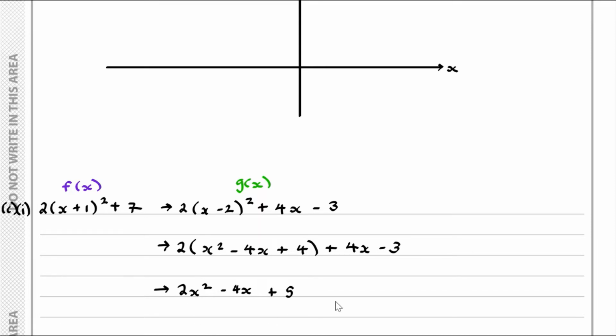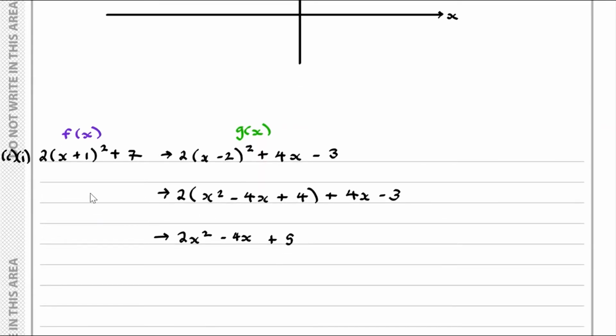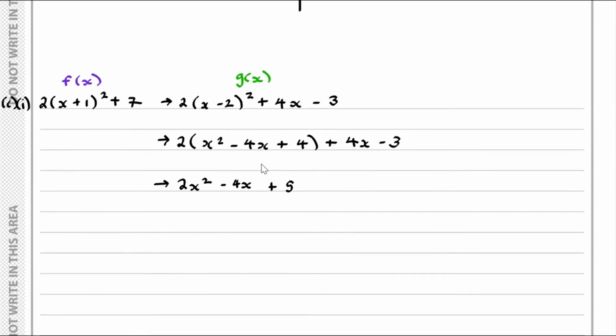Okay, so if we complete the square with this, we can compare f(x) with g(x). So completing the square, we have 2 lots of (x squared minus 2x), close big bracket, plus the 5.